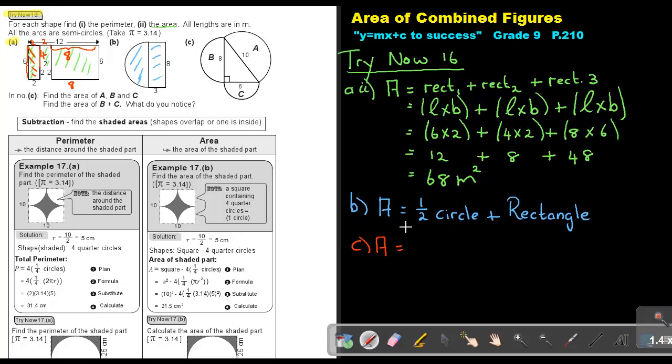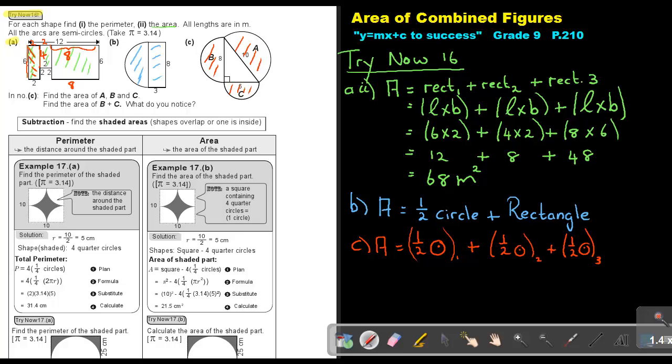And then this one, this is all different half circles. So this will be half, let's start with this one, half circle, I'm going to indicate it like this, and we're going to call this circle 1. Okay, plus another half circle, and this is the second one, plus another half circle, and this is this one.